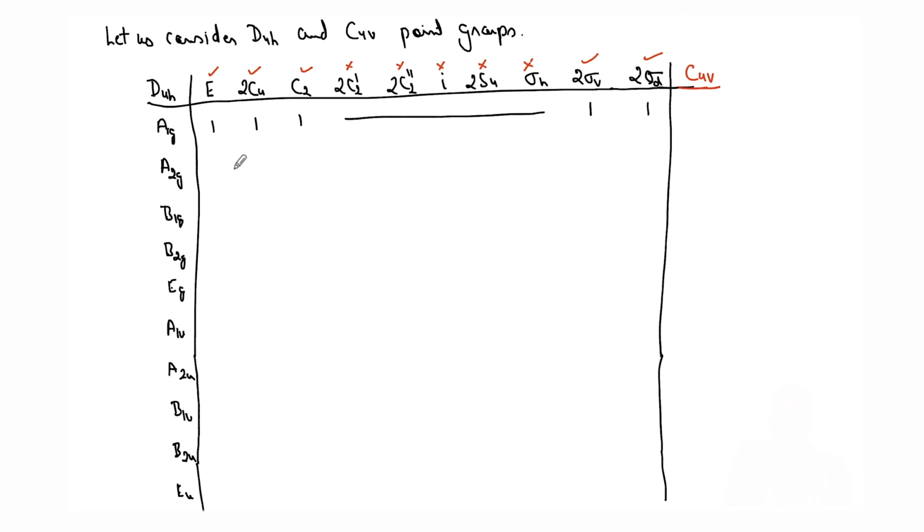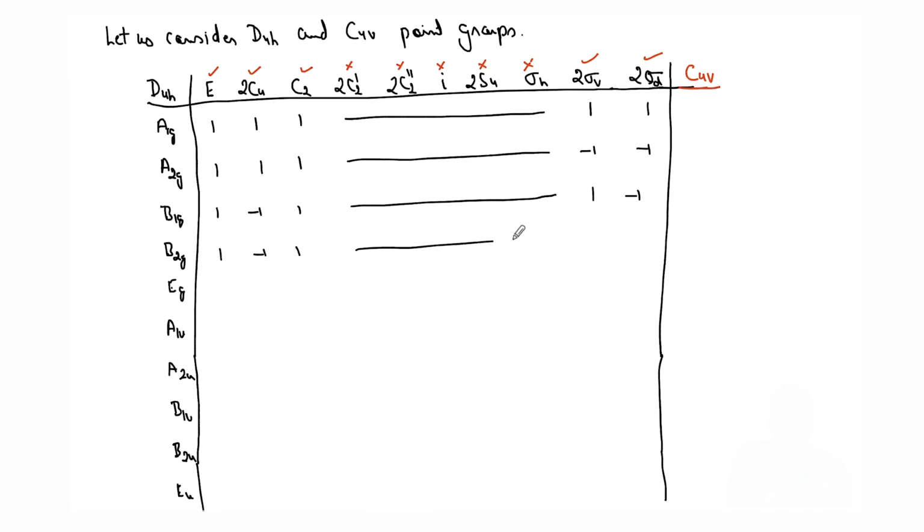Then under A2g it is 1, 1, 1, and these ones are -1, -1. For B1g it is 1, -1, 1, and we have -1, 1.